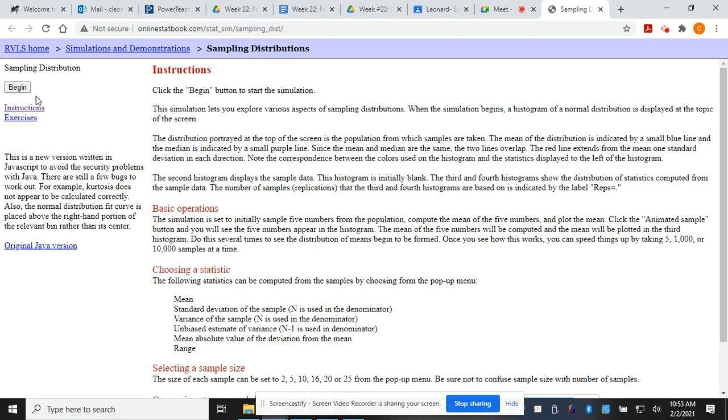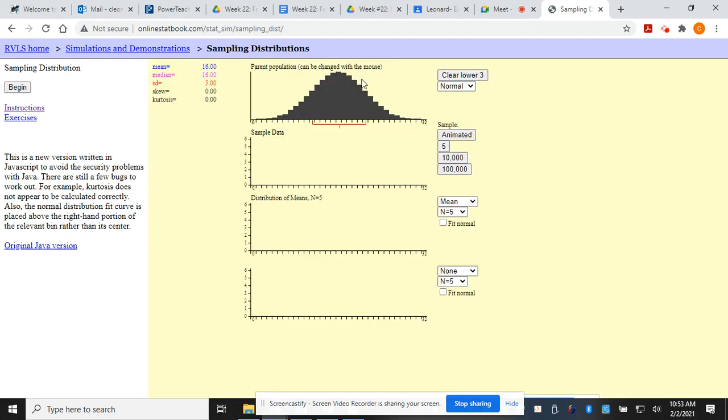So looking at this, I've got a graph up here that is normal. Today we are only dealing with populations that are normal. Let's say I want to take a sample size of, I'll start with 5. And so it randomly picks me 5, and that's the mean that goes with that one sample.